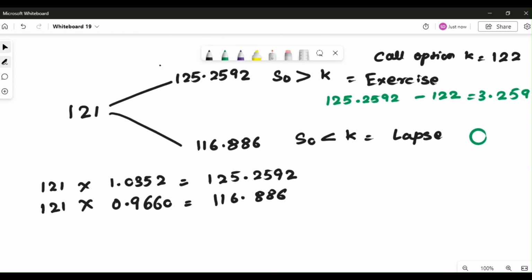Based on this, we can calculate our value as well. So let's come down and calculate the value. But before we do that, we have to write the probabilities that we have calculated.